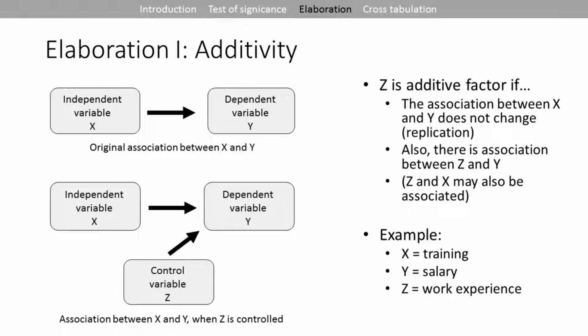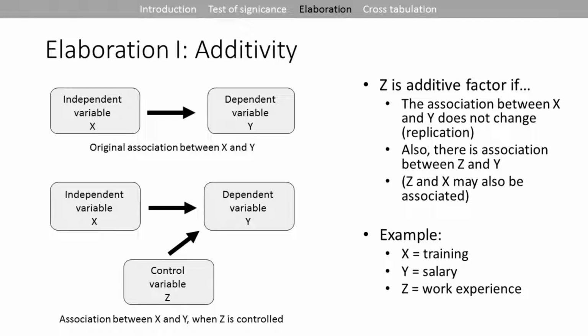And the C variable here is an additive factor if the association between X and Y does not change, or is replicated, when the C is introduced to the model. There is an association between C and Y, and C and X will also be associated.